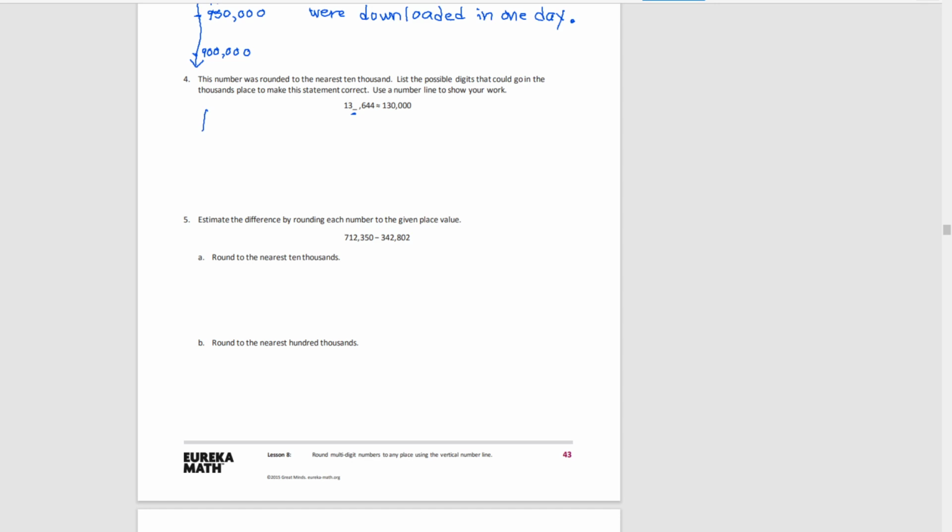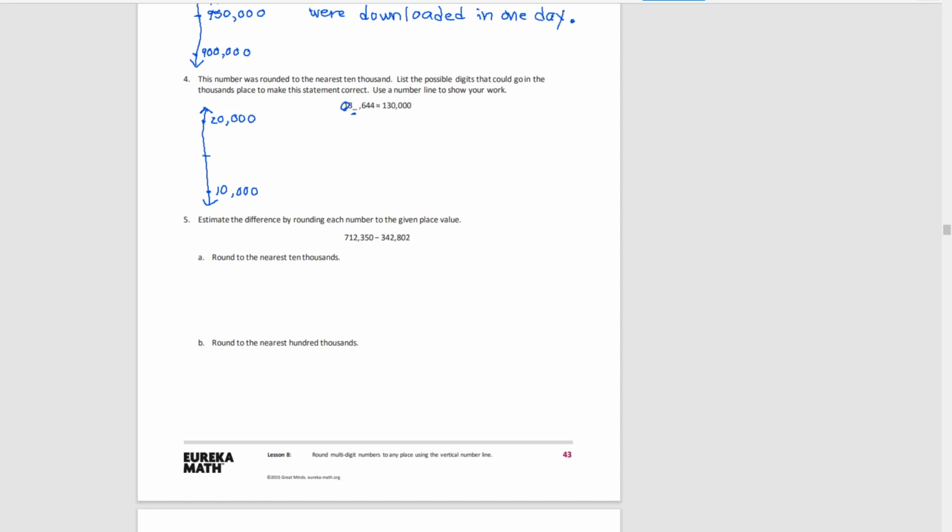All right, it told us to use a number line, so let's do that. And we're rounding to the nearest 10,000. So we're going to start here at the low end with 130,000. And one more 10,000 would be 140,000.